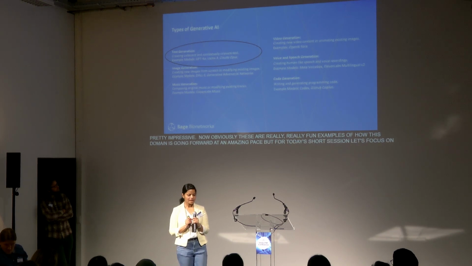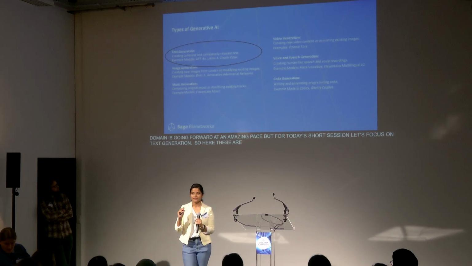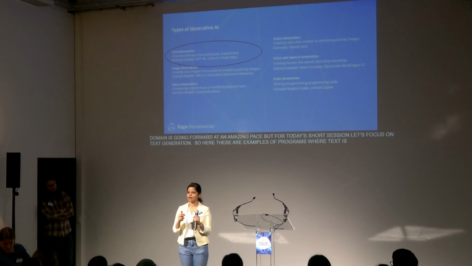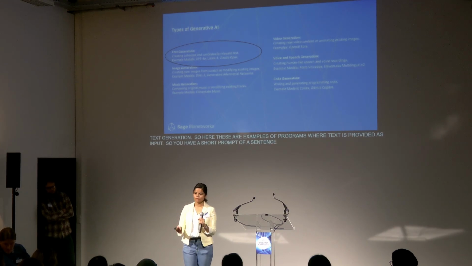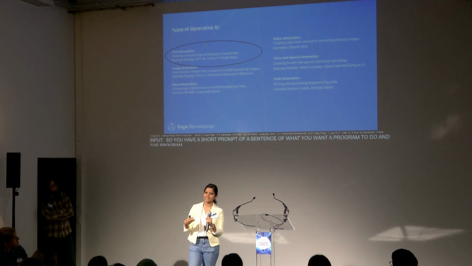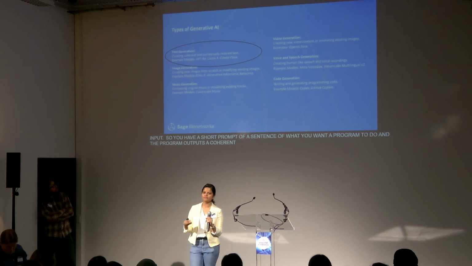So here, these are examples of programs where text is provided as input. You have a short prompt of a sentence of what you want a program to do, and the program outputs a coherent output in text. So it could give you a paragraph based on the question you asked.